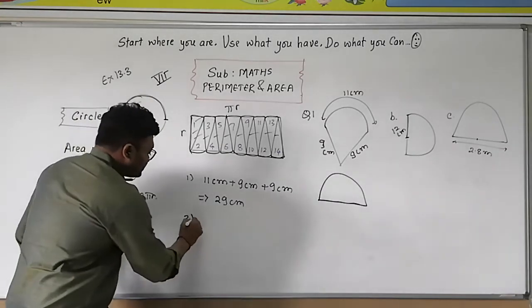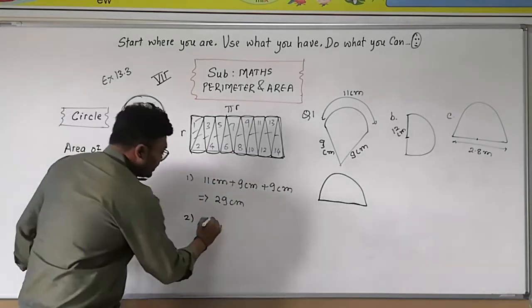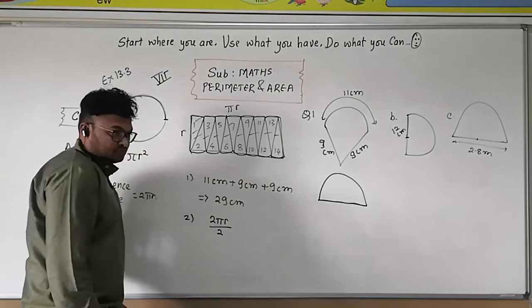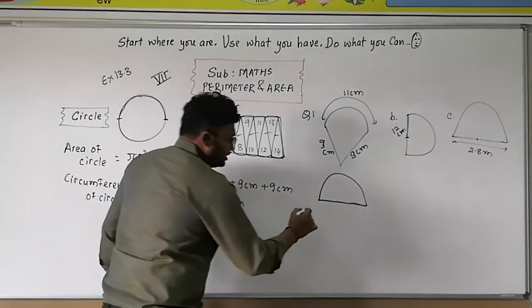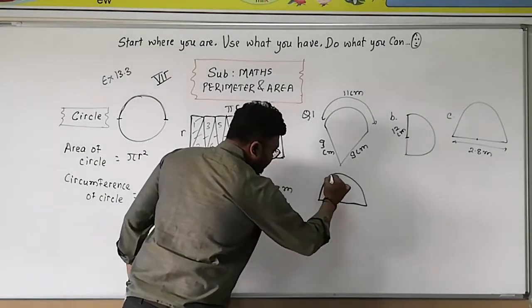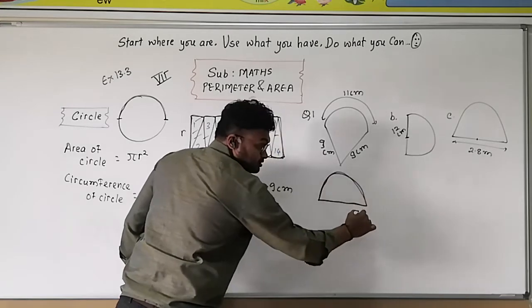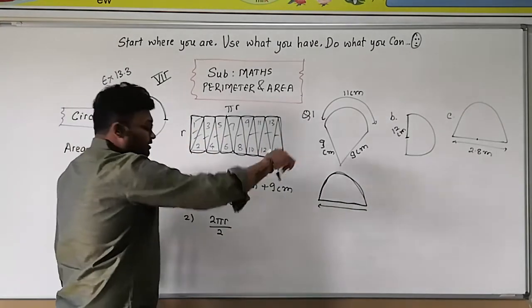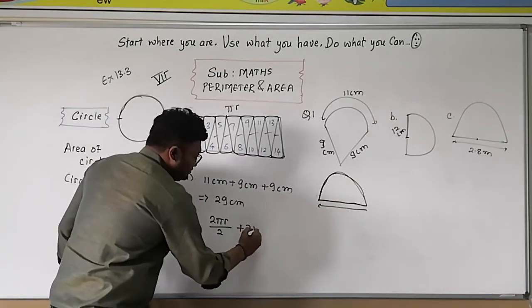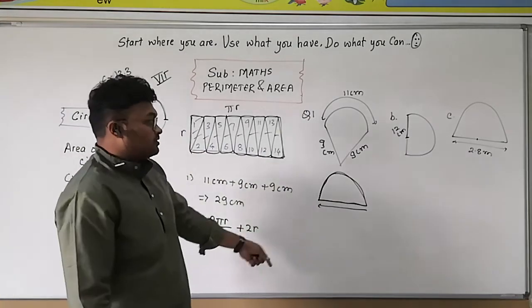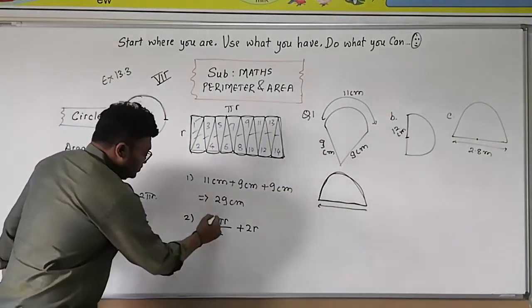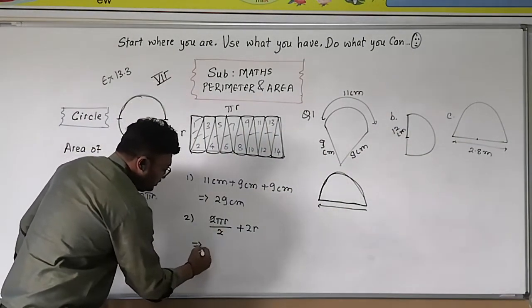So for the second question, I'll use the formula 2 pi r upon 2. But I am using this formula only for this much distance. This much distance is still remaining, so I will add plus 2r, because I have to calculate this distance also.